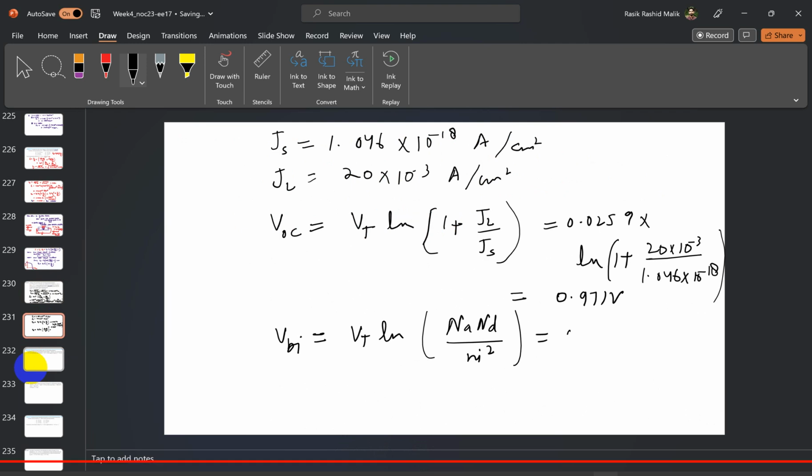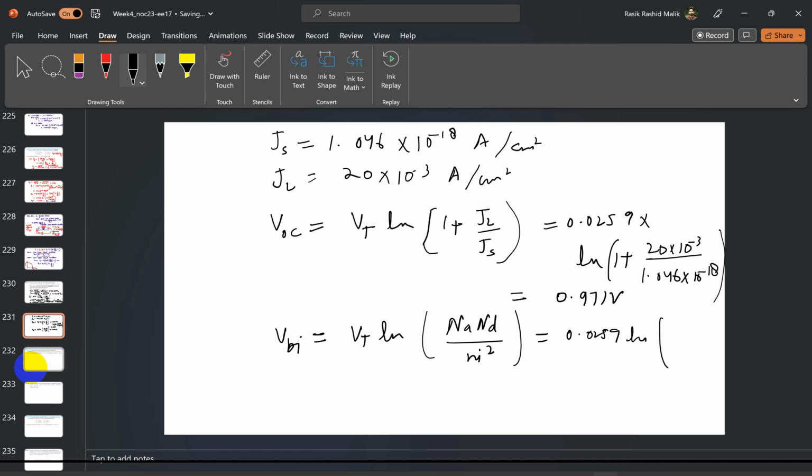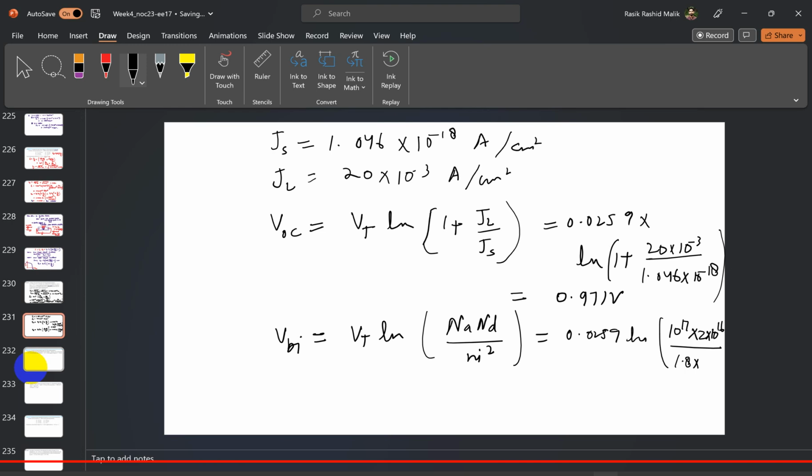So that is 0.0259 ln of 10 to the power 17, Nd is 2 into 10 power 16 given in the question, divided by Ni square, for gallium arsenide 1.8 into 10 to the power 6 squared.